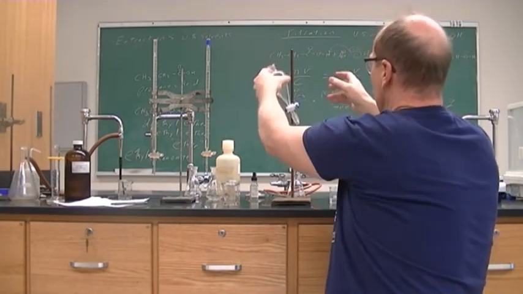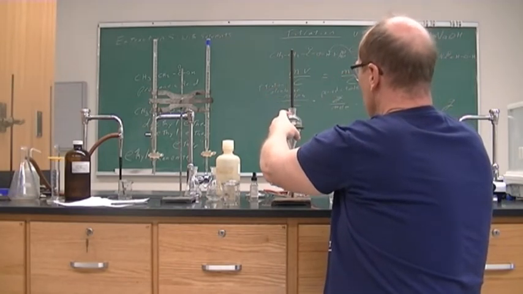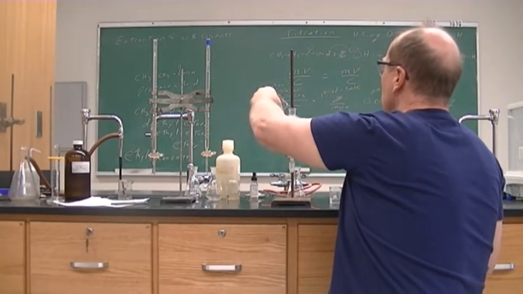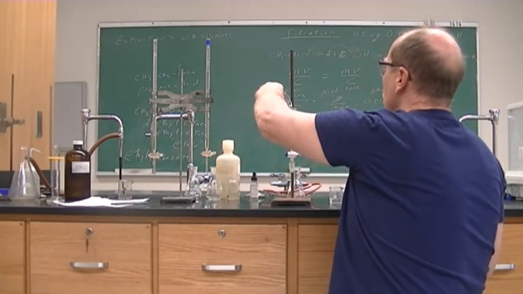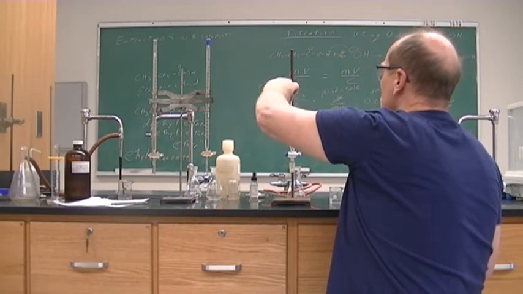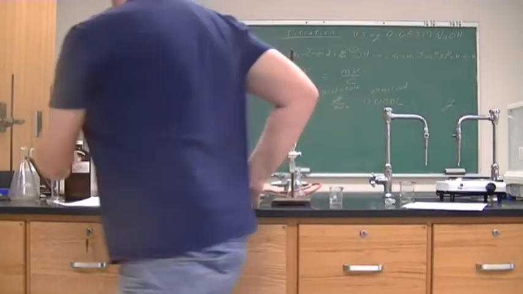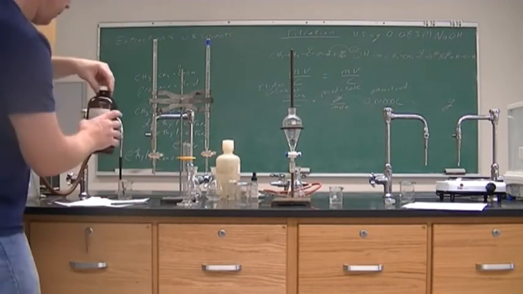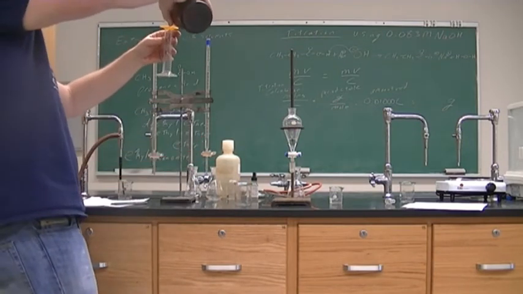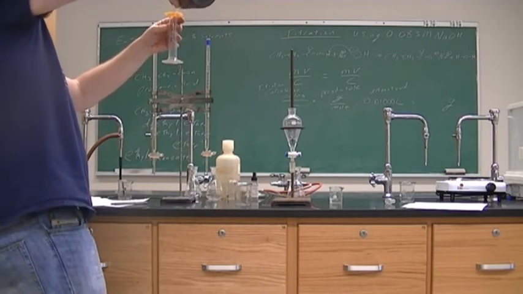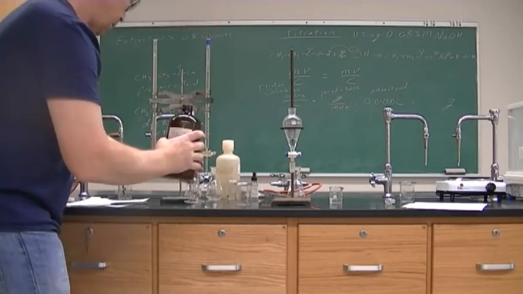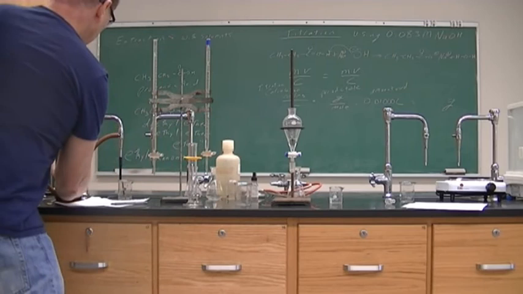Now I'm going to do it again. So I have my extracted acid that I'm pouring back into it. And then I've got to get 5 mils of ether. Okay, 5 mils of ether, and I do it again.